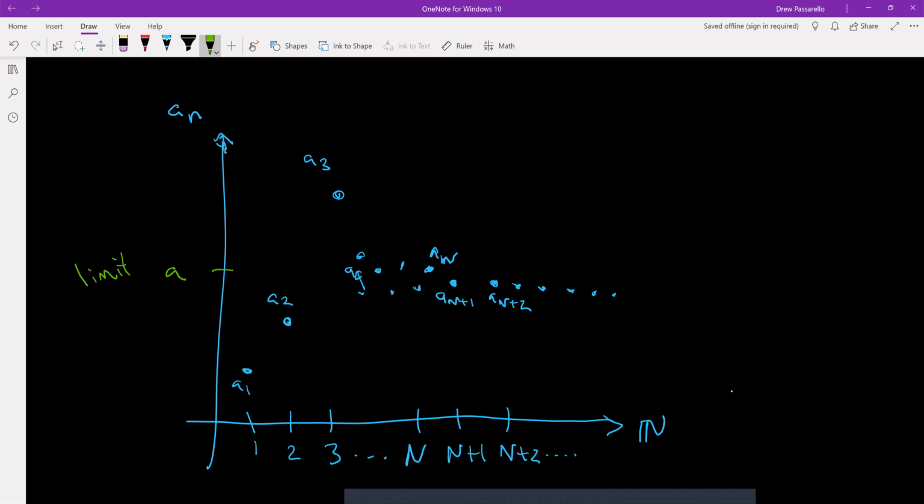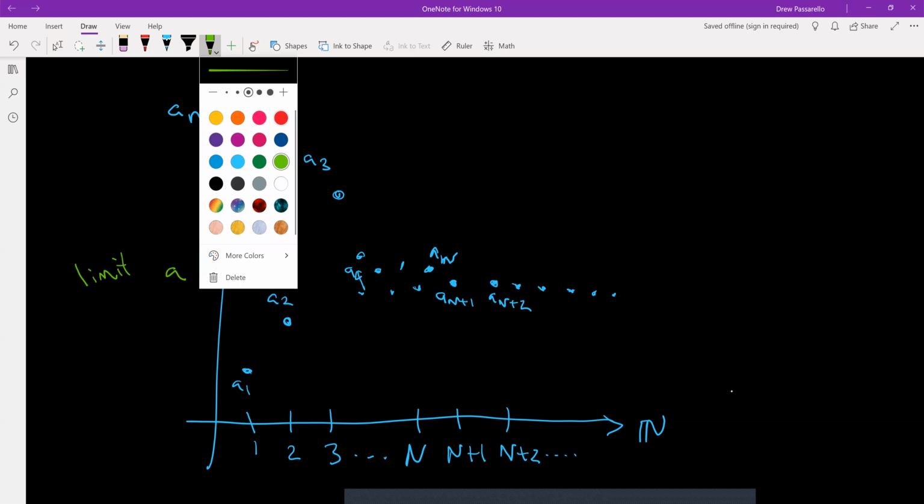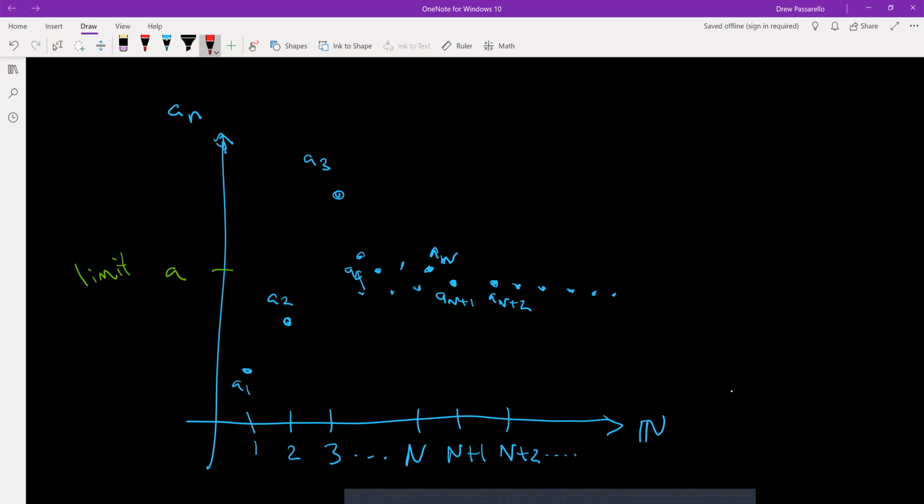And there's some term for which the index puts us within some confidence level around the limit.